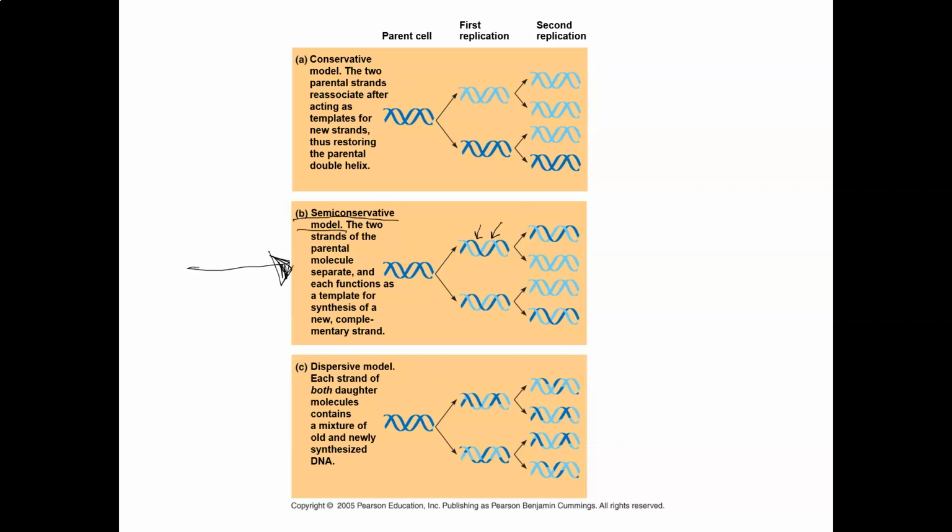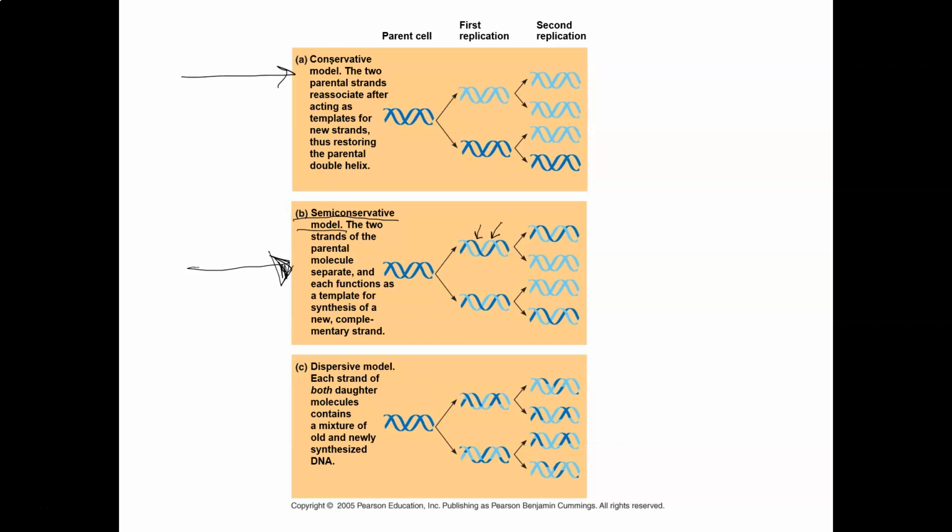Okay, but initially they didn't know if that was the way it worked, or it could have been the conservative model, where the DNA parental strands separate, new complementary strands are made from that, but then when they zip back up, you have the old parental strands zipping back together and the two new strands zipping together. So you end up with one old and one new DNA molecule.